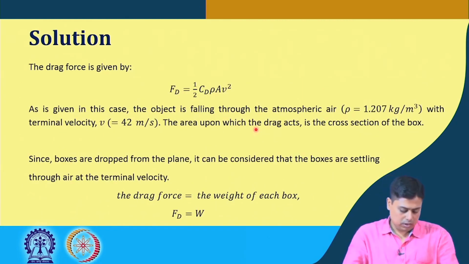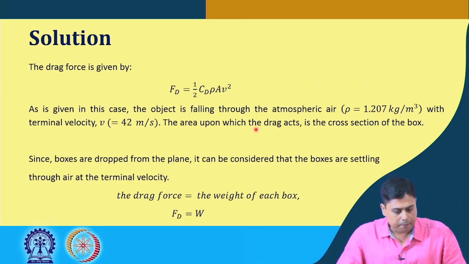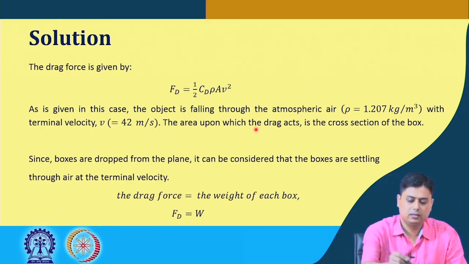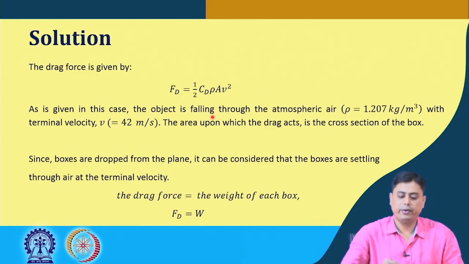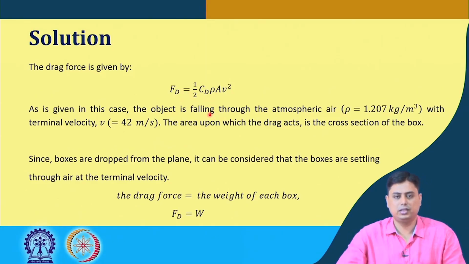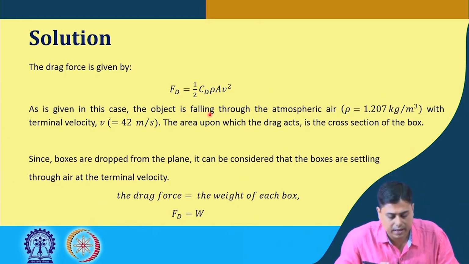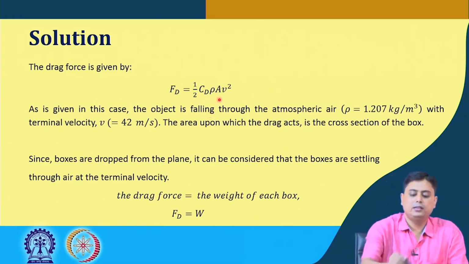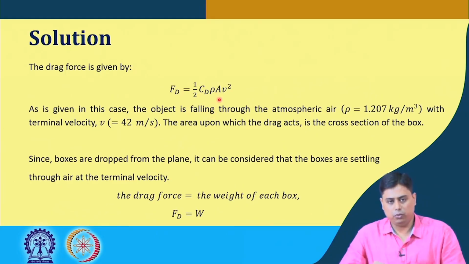So, the drag force Fd is equated with the expression that we have seen earlier, where Cd is the drag coefficient, rho is the density, A is the cross sectional area on which the drag force is acting, and V is the velocity with which it is traveling.